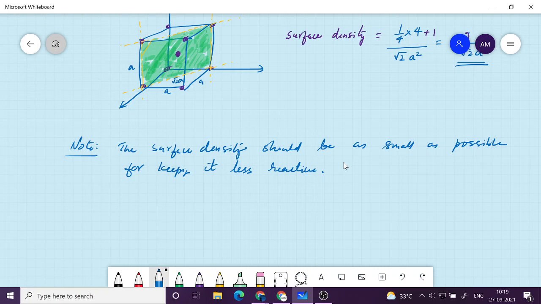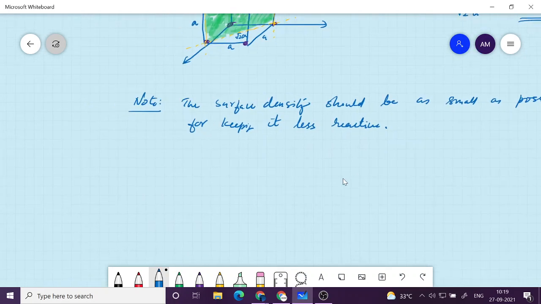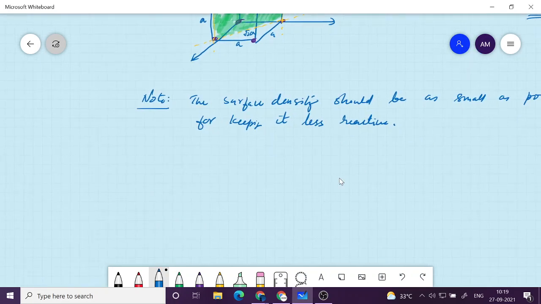The surface density should be as small as possible for keeping the wafer less reactive. In the case of silicon, 100 is the most preferred plane to make the wafer.